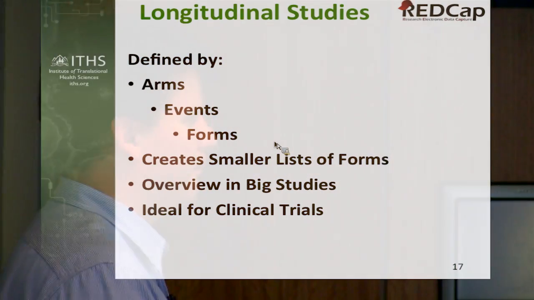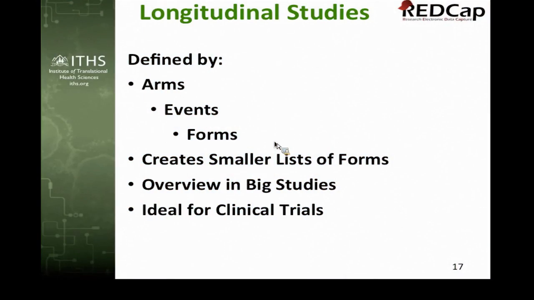The main advantage of using longitudinal studies is it creates smaller lists of forms for people to fill out. Let's say you want to capture that scoring tool 5 times. If you don't use a longitudinal model, you would have to have 5 different forms, one for each event, which gets quite big if you have a somewhat complex longitudinal project. So it gives you a little bit bigger overview in the bigger studies, and it was kind of built for clinical trials.